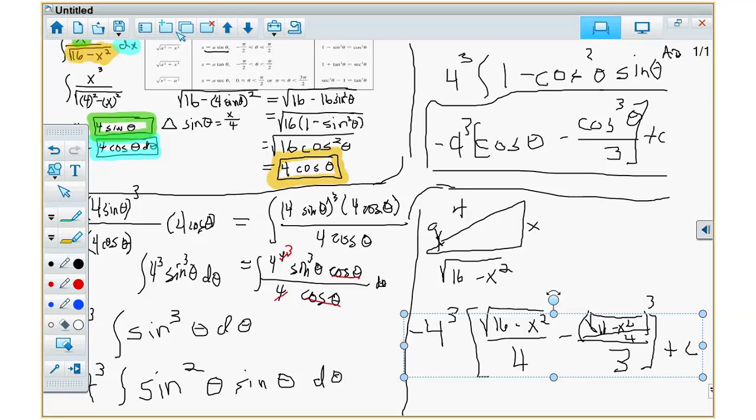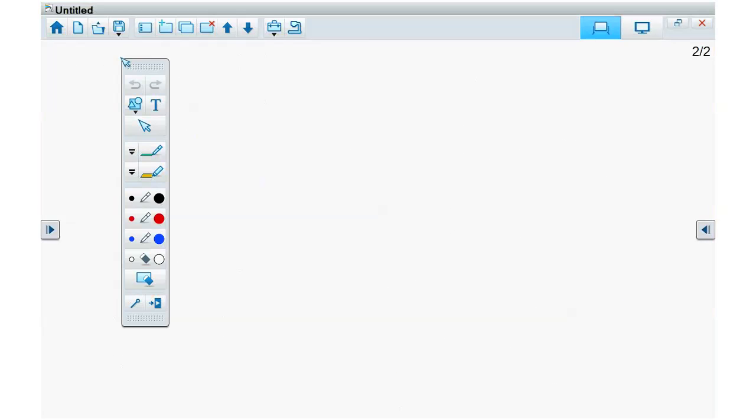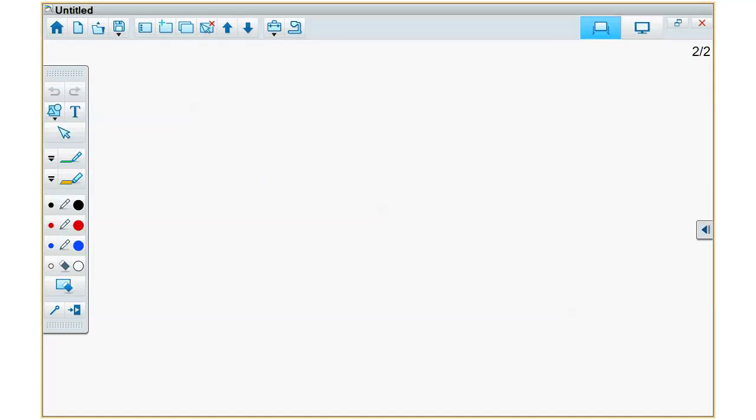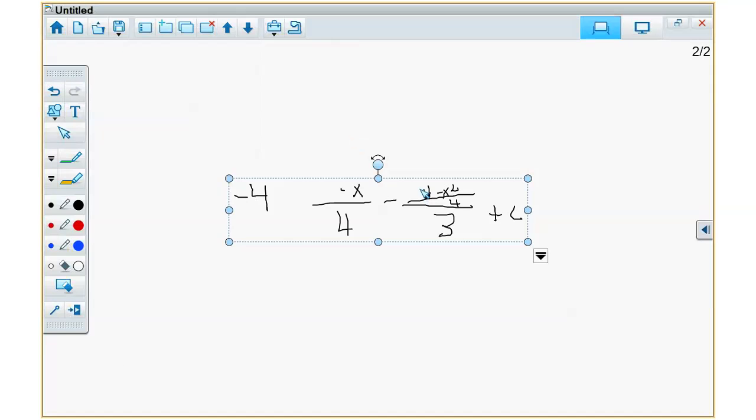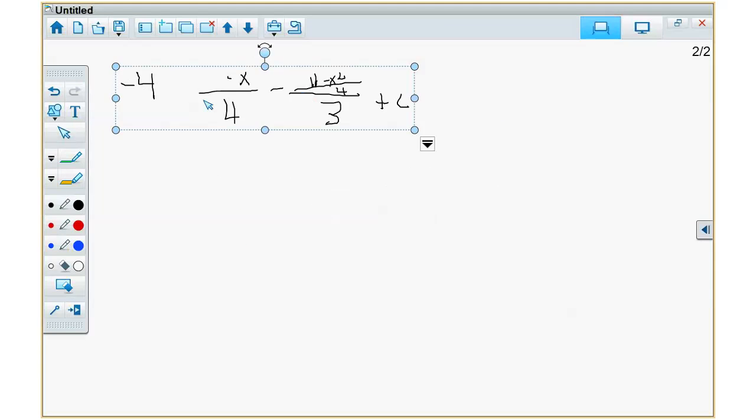All right, next page. Let's see if this works. Just half of it. Oh, man. Y'all have to remind me.